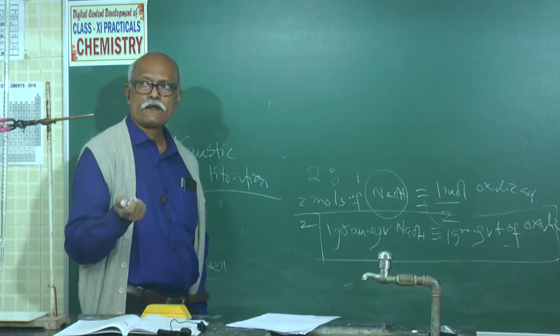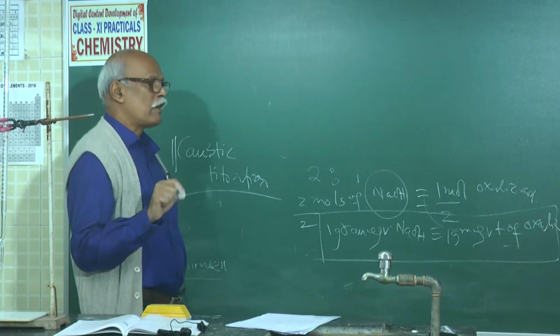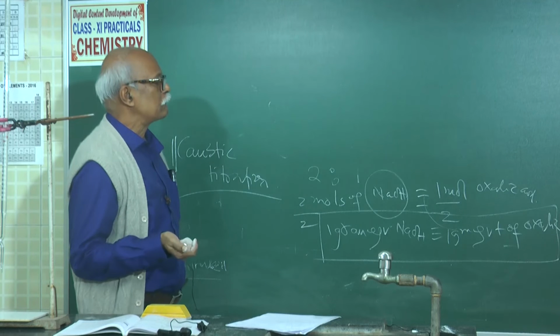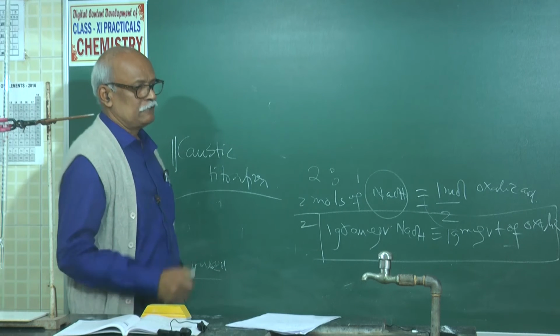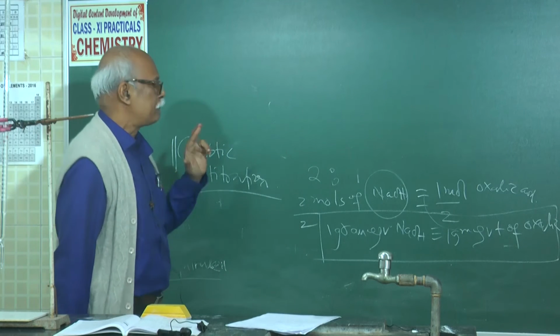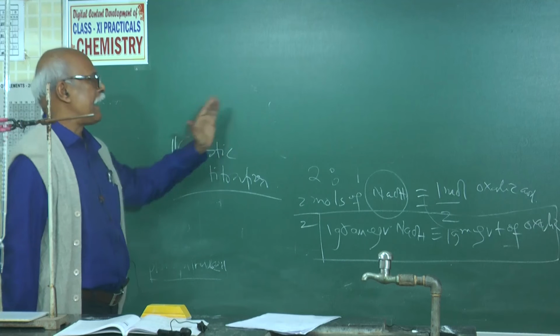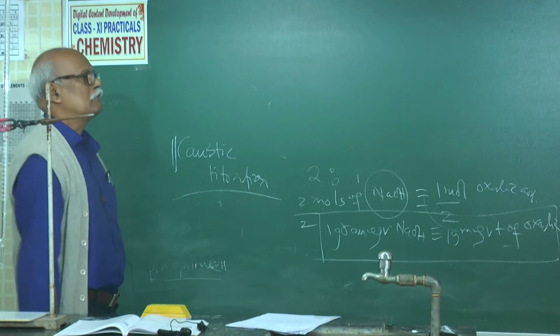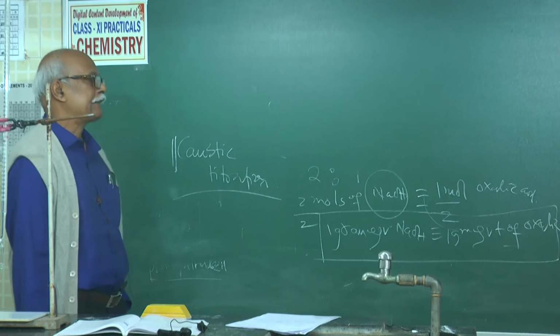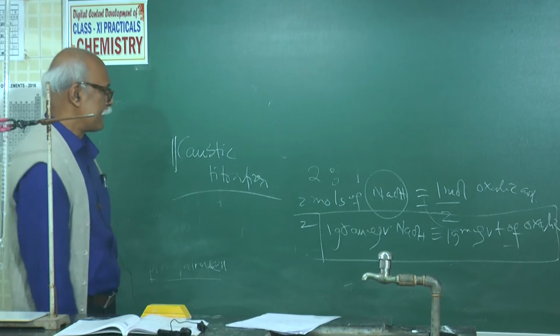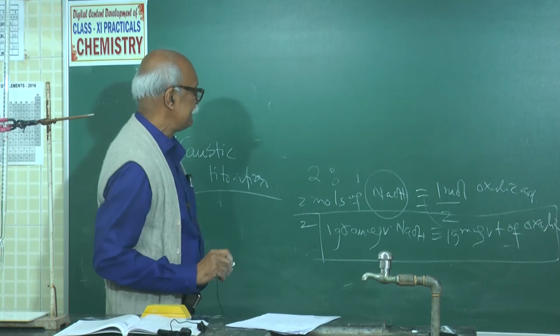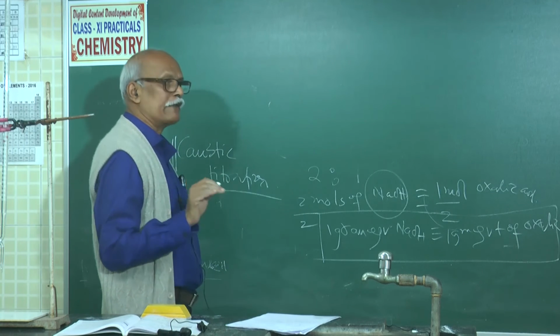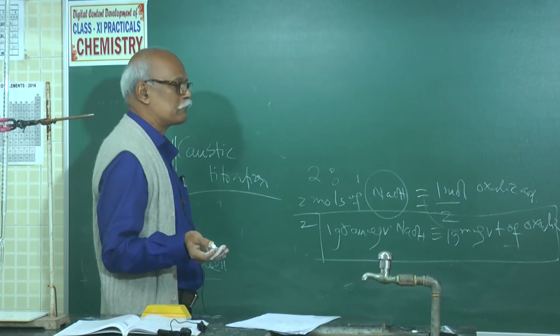Similarly, 1 gram equivalent of oxidizing agent must be equivalent to 1 gram equivalent of reducing agent. So equivalent weight of oxidizing agent and reducing agent are also in the ratio of 1:1 by gram equivalence. You remember, this is the law of equivalency. 1 gram equivalent of one will be equivalent to 1 gram equivalent of other.